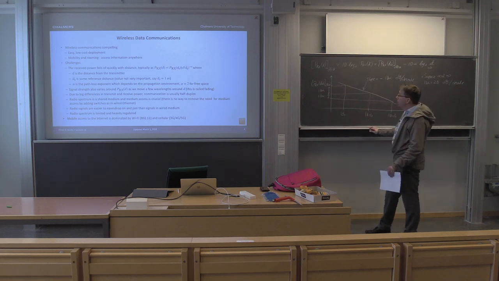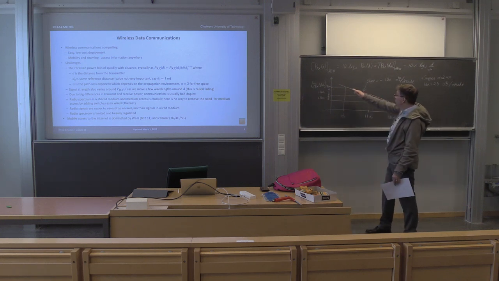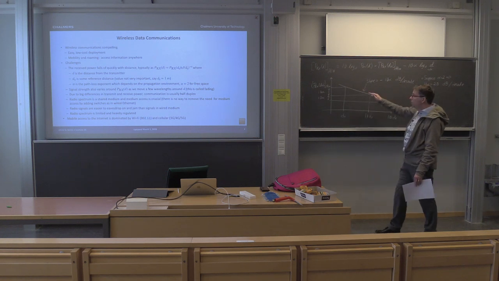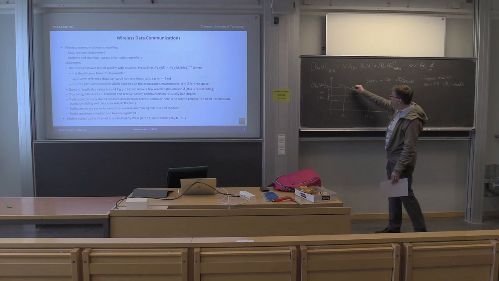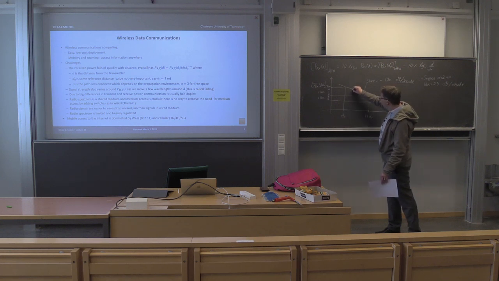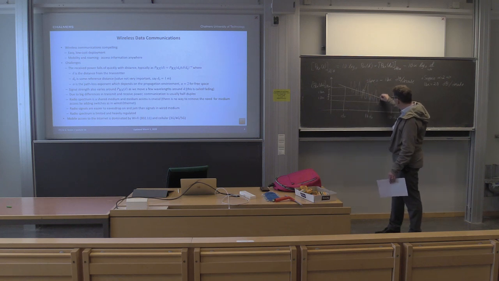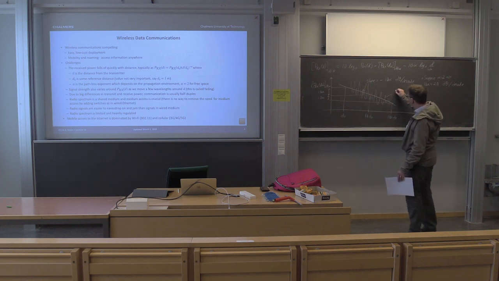And on top of this, this is what the power decreases as on the average, but there are also small variations, that if we move just a tiny bit, like a wavelength or something like this, then the received power can vary quite a lot around this, and this is known as fading.